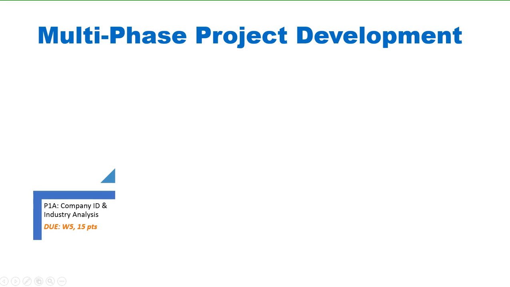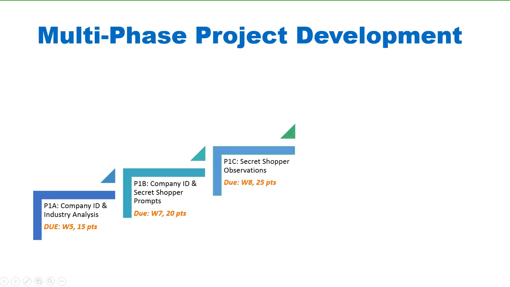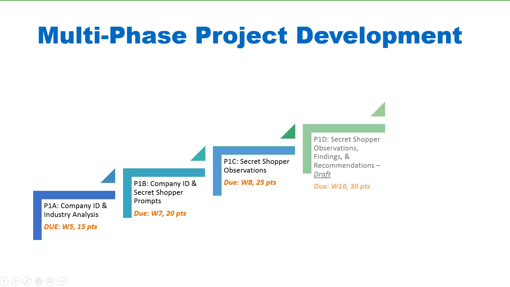Again, this is a multi-stage development, and you've gone through Project 1A and Project 1B, as well as Project 1C. Now, these steps help develop your understanding of the business and the industry in which the business resides. And we are now moving forward to Project 1D and 1E.